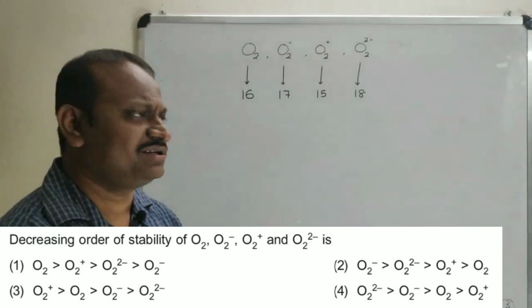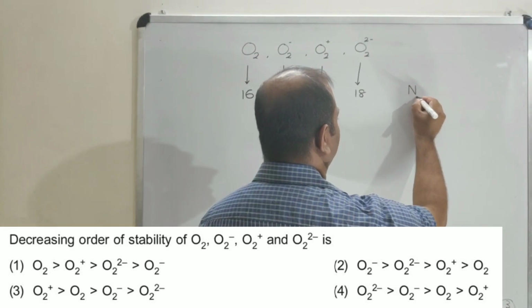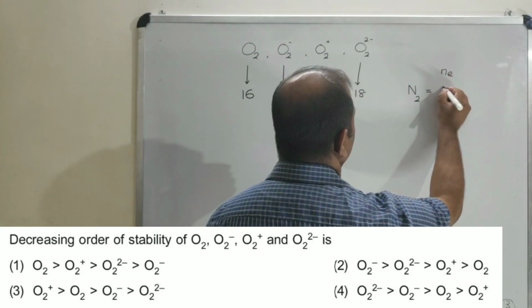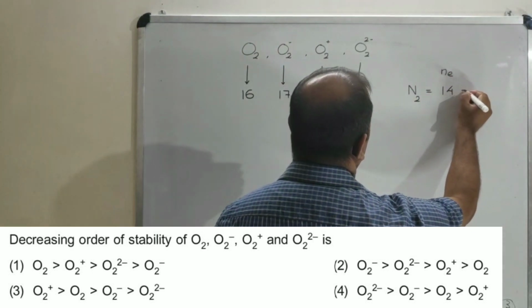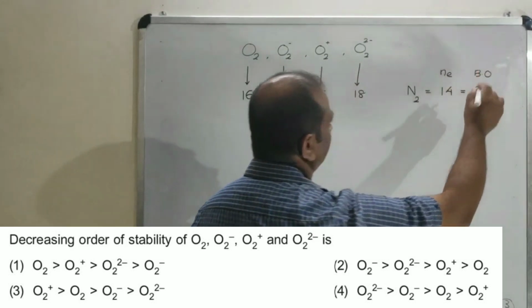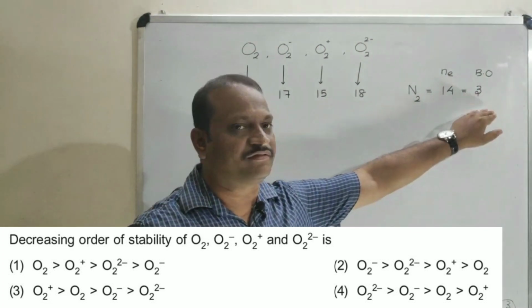So nitrogen, your number of electrons is 14 and its bond order is 3.